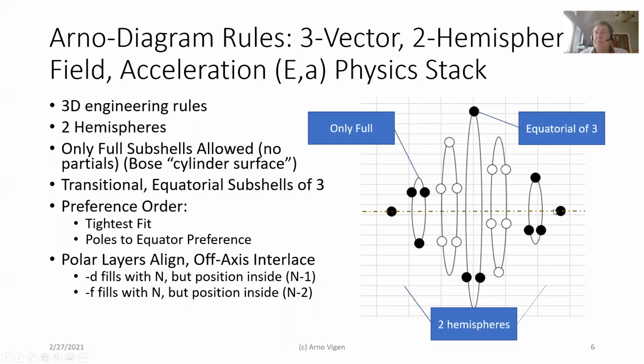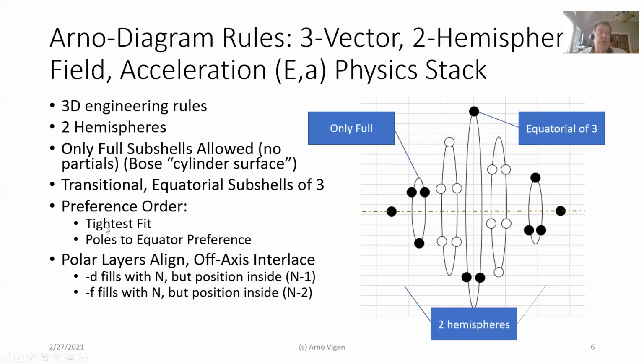Because if you have a cylinder, but the height of that cylinder is 0, it can be only 1 set. Everything else would be 2 sets, so it's always doubled. And so that takes care of the even numbers well enough. But if you have an odd count, you have these sets of 3 that become the equator that make you only full subshells, but one set doesn't have a doubling.